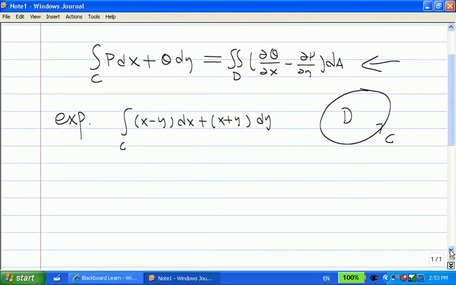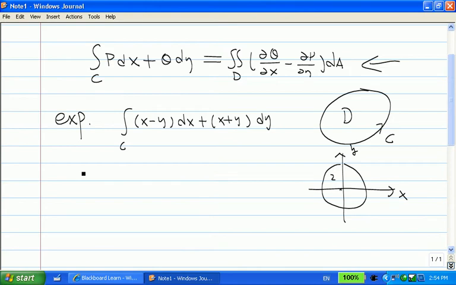Here is a circle, with the center at the origin and 2 as the radius. We want to find this line integral in two ways. One is calculating directly. Another way is to use Green's theorem.